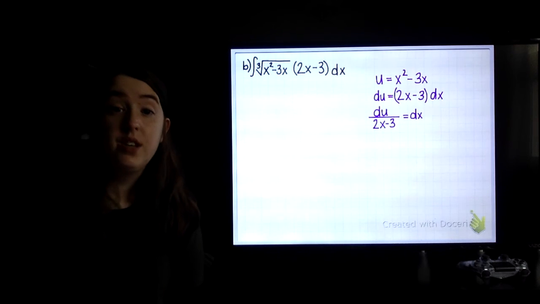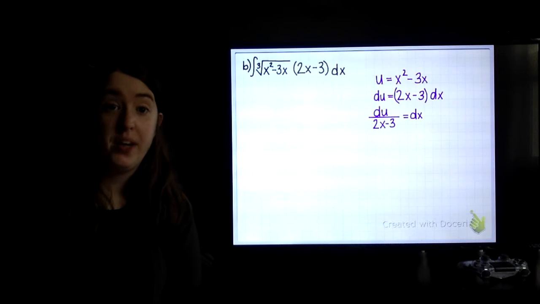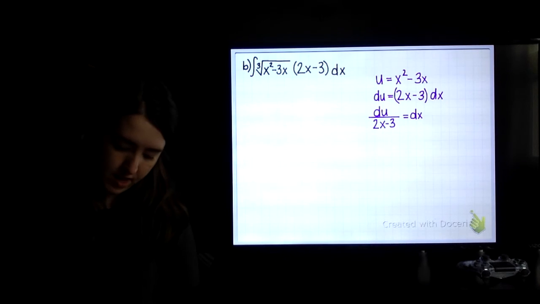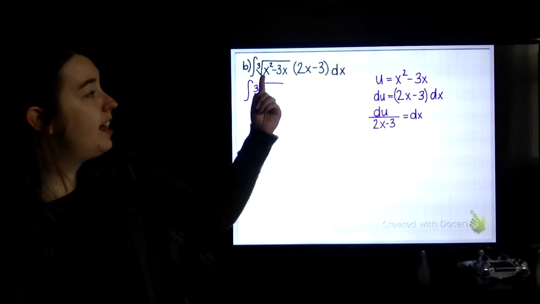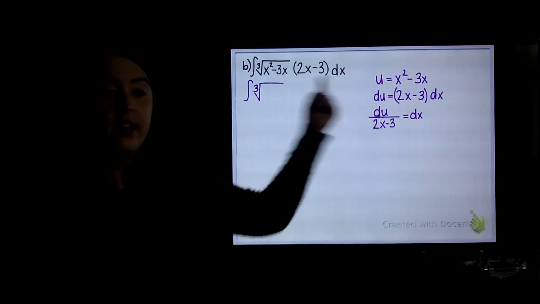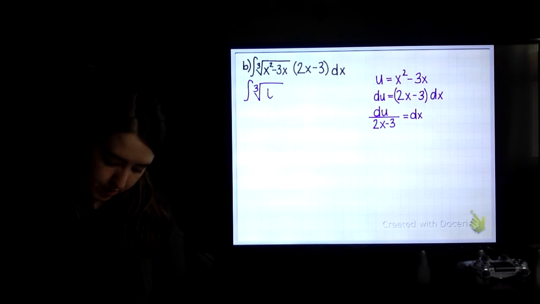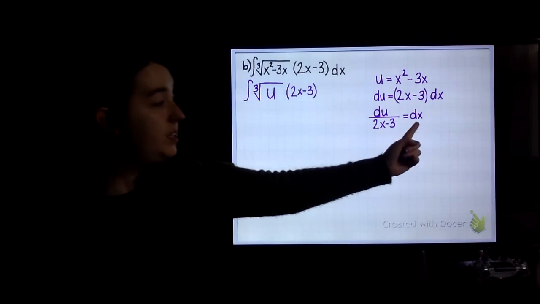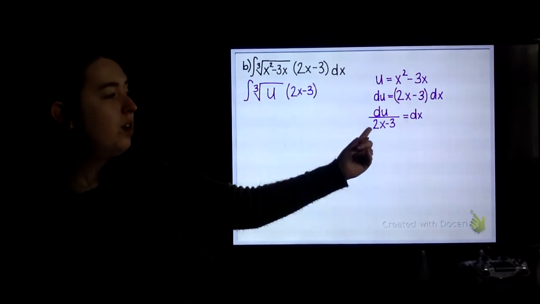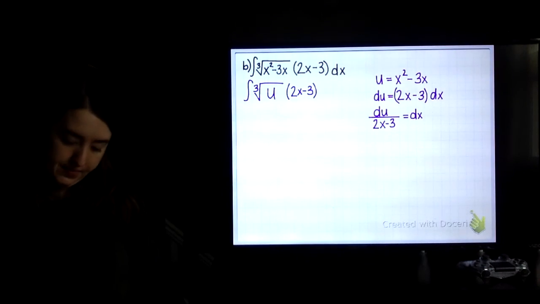Right. So now let's go through and replace things in this equation that would make our lives a little bit easier. So here we go. We have a cube root of, and we decided that x squared minus 3x is going to be equal to u. So now I have the cubed root of u times 2x minus 3 times, and then we know dx is equal to du over 2x minus 3.